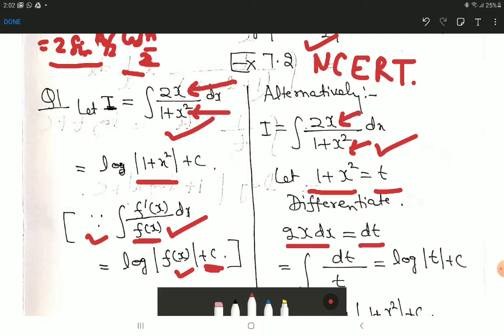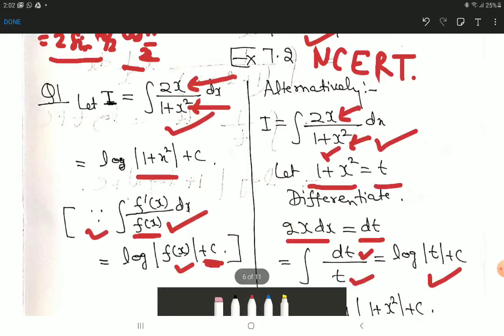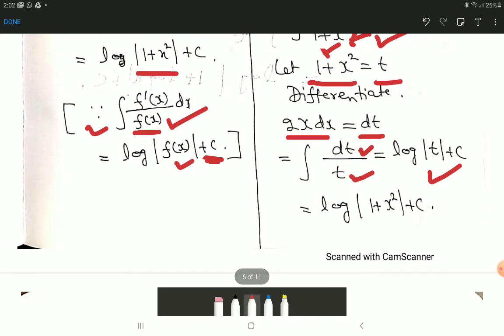So this 2x dx is dt, upon 1 plus x square is t. And it is just like integration of 1 by t dt, that is log t plus c. And here feed back the value of t, which is 1 plus x square, so it is log of 1 plus x square plus c. So whether you use the formula directly or use the substitution method, you will get the same answer. But the formula makes our task simpler and shorter.